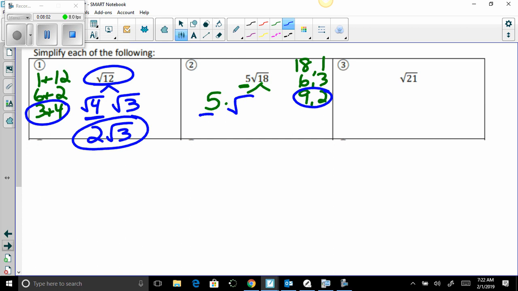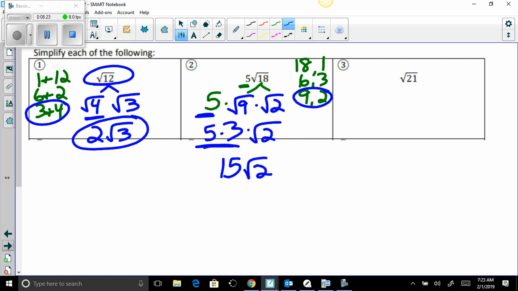So now I have the 5 up front, 5 times radical 9 times radical 2. Leave your 5. Since it's all being multiplied, I'm showing my little multiplication sign there. The square root of 9 is 3. I'll lose the radical and leave radical 2 because it's not a perfect square and I can't break it down anymore. Then I can go ahead and multiply my numbers up front. So 5 times 3 is 15, radical 2.